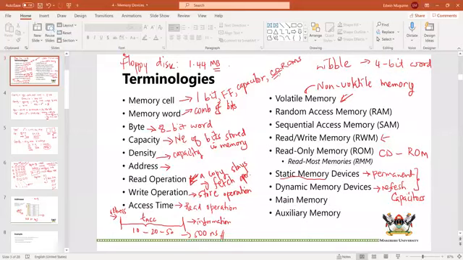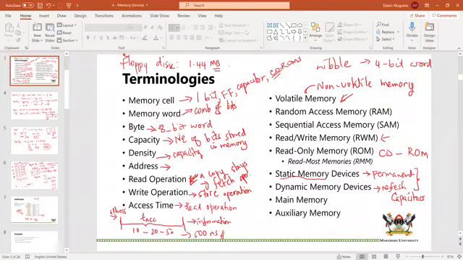So we are going to look at an example of this later on in the course, maybe in a couple of lectures to come, to see how this refreshing is done in such a way that a 0 stays a 0 and a 1 stays a 1. With volatile, it is after you remove power that the information will be lost.